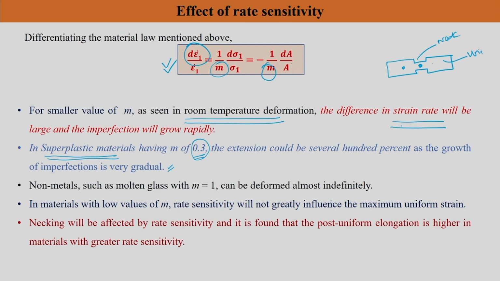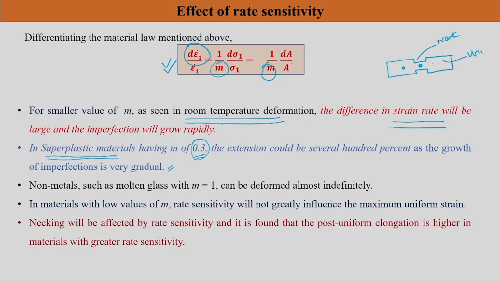Why? Because the neck growth is going to be very gradual. The imperfection growth is going to be very gradual, which is just the opposite of what you have seen in conventional materials which are not superplastic in nature, where it will grow rapidly.